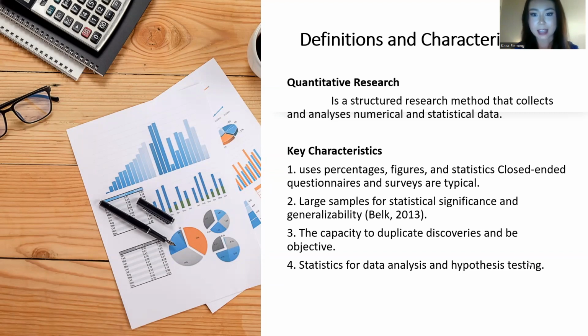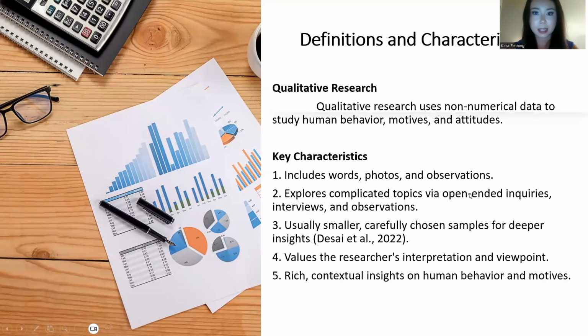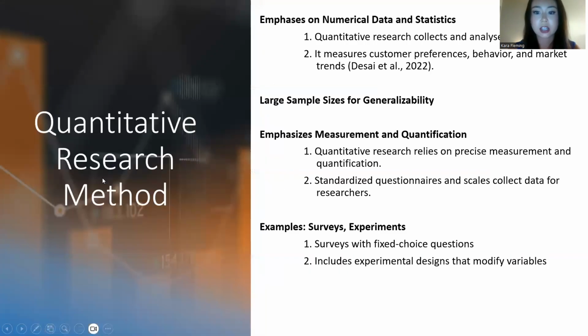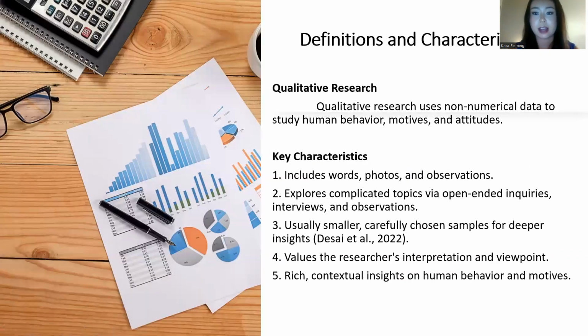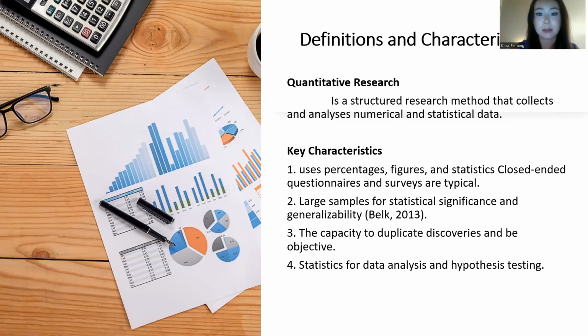Number three, the capacity to duplicate discoveries and be objective. Four, statistics for data analysis and hypothesis testing. To summarize, quantitative research is the process of collecting and analyzing numerical data to find patterns, averages, make predictions, test causal relationships, and generalize results to wider populations. You can imagine it as similar to the scientific method.